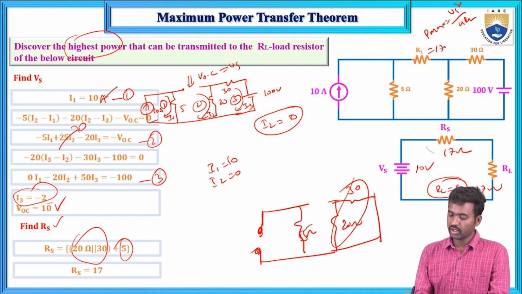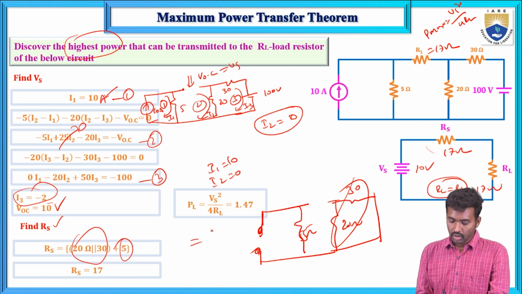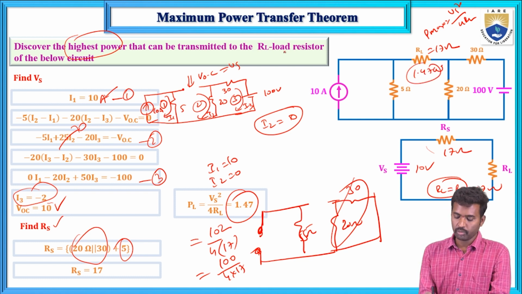The maximum power formula is Vs squared by 4RL, which is 10 squared by 4 into 17, that equals 100 by 4 into 17, which equals 1.47.